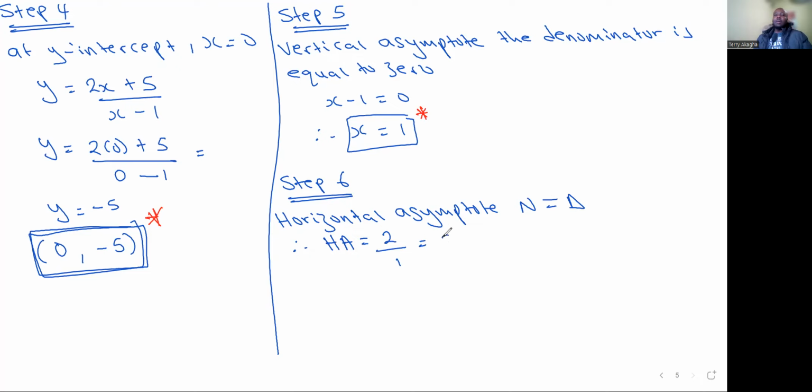So the horizontal asymptote is equal to 2, or y is equal to 2. All right? We found that already. Now let's go to the next step, which is step 7.